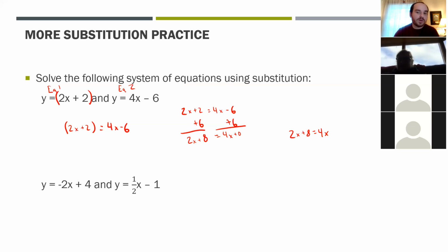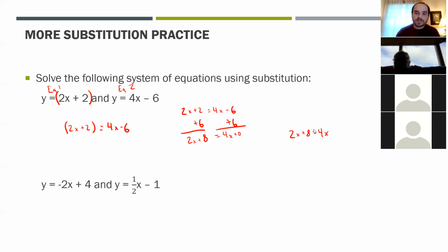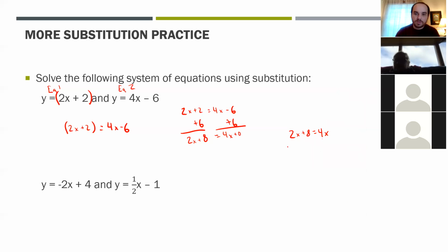We're not going to add 4x to both sides because that will make this side 8x. We could subtract 4x from both sides, but in this case, it's actually going to be easier to subtract 2x. So the reason is we want to get our x's on the same side.